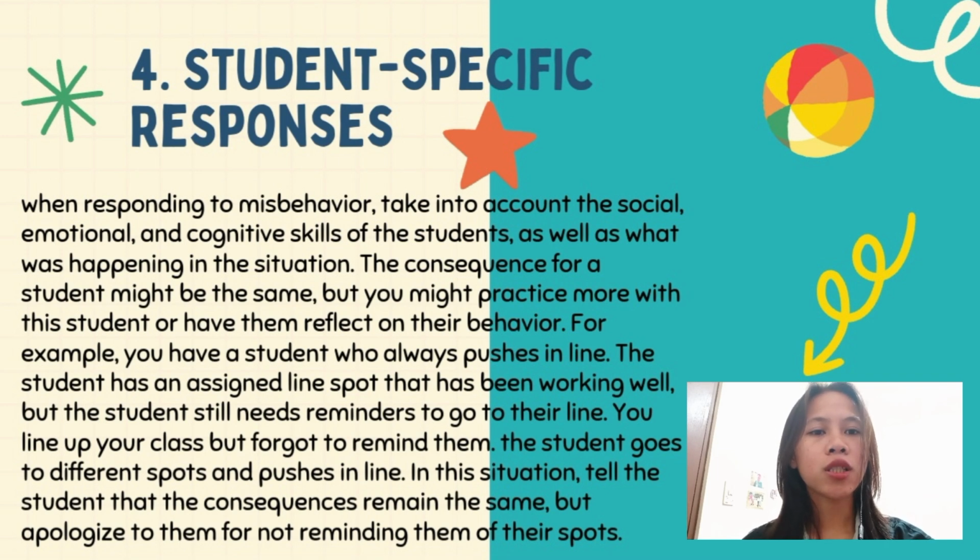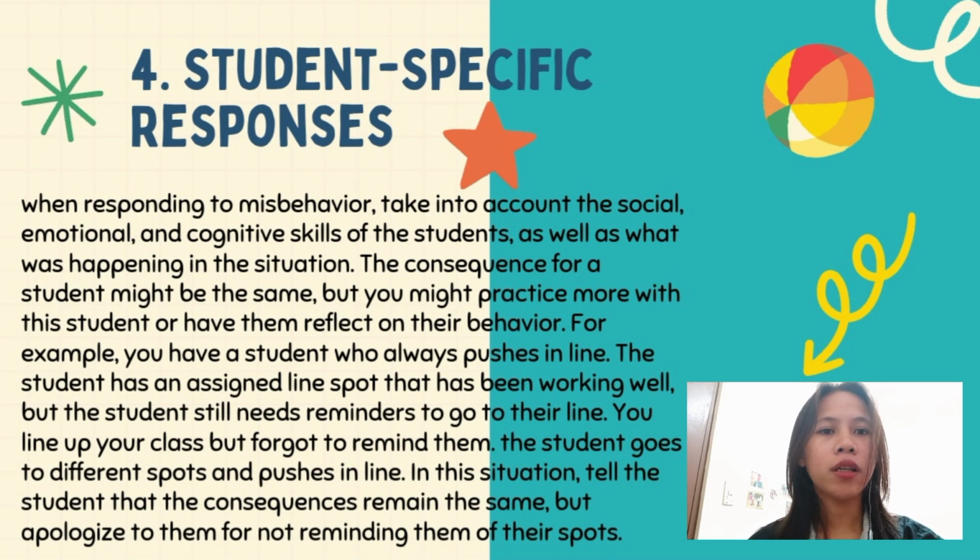A consequence that works well for one student may not be as effective for another. By understanding a student's background, strengths, and challenges, a teacher can offer additional guidance or support while still enforcing the same rules.